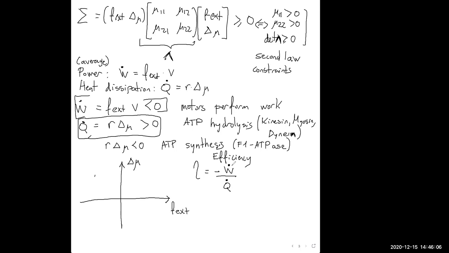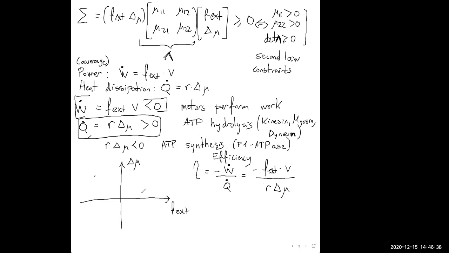This is my definition of efficiency in this case, and minus W dot will be minus F external force times the velocity, and the heat will be R delta mu. Okay, and now we will look in this diagram at what happens with this efficiency. So first of all, it's all clear up to now? If you don't understand, please ask.